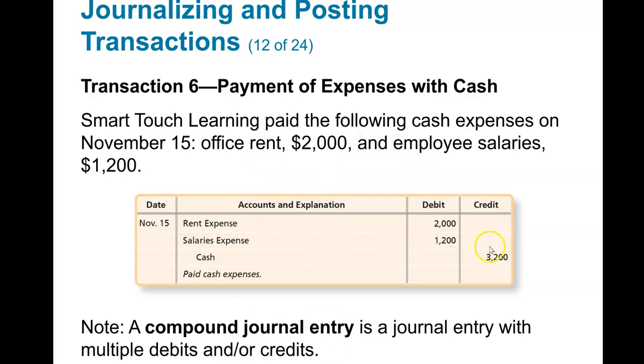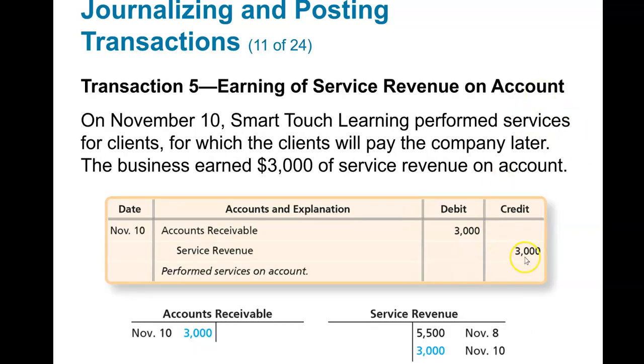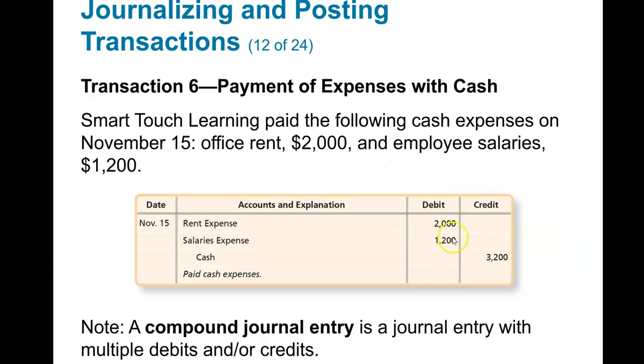Remember what I told you back in the chapter 1 videos, that the net of revenues and expenses matters. If your revenues are greater than your expenses, you have net income. And if your expenses are greater than your revenue, you have net loss. When we were recording revenue the last few slides, we did that with a credit to revenue. So revenue is a credit balance, expenses are a debit balance.